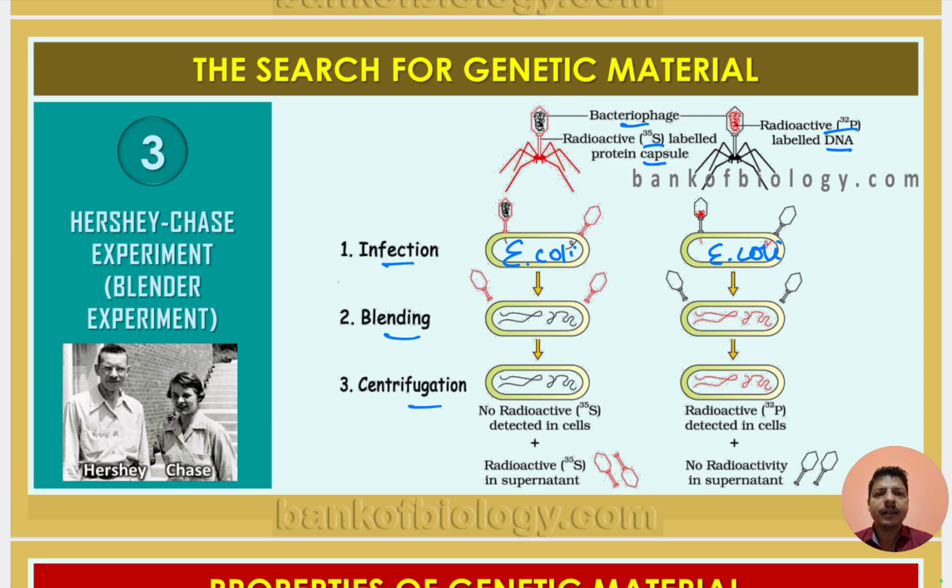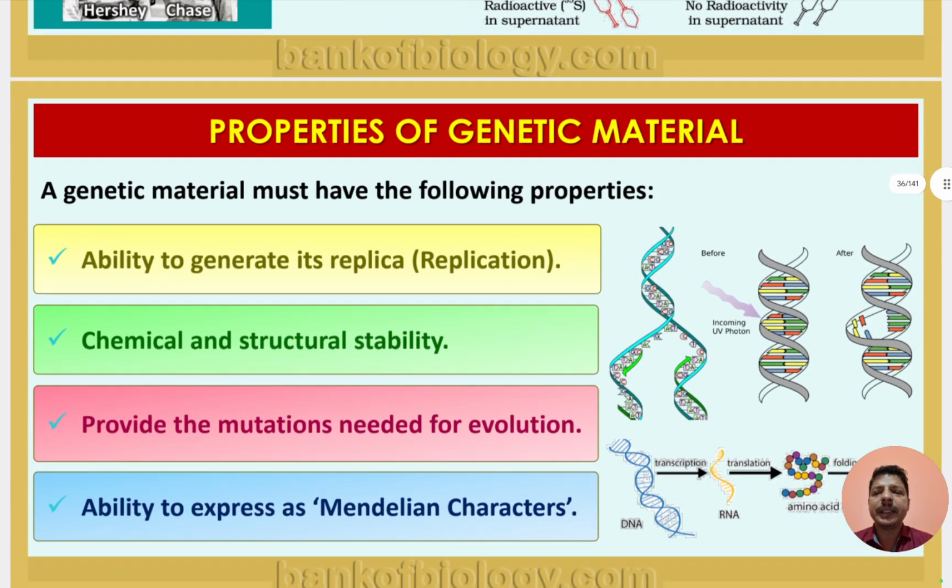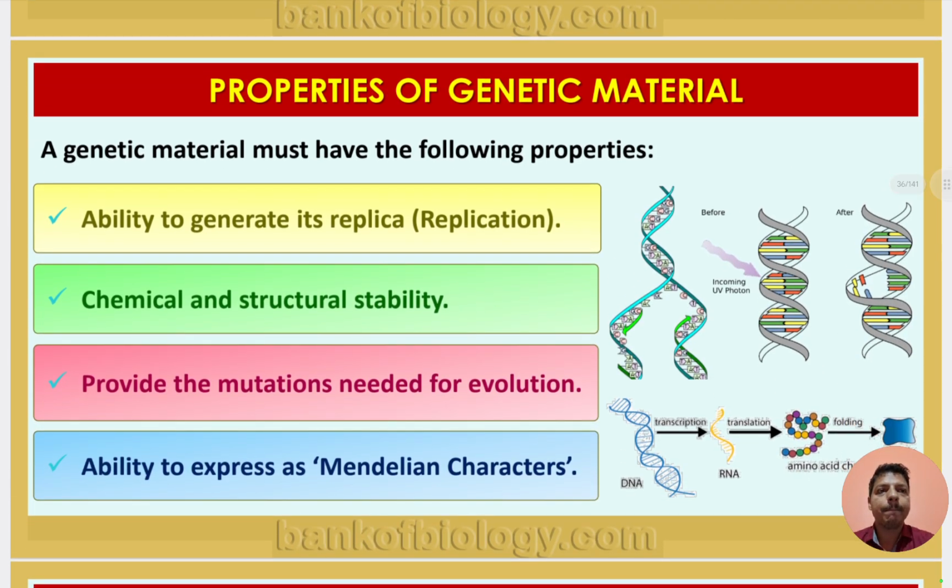In the first one, they found no radioactive S35 in the cell, but radioactive S35 in the supernatant. In the other, radioactive P32 was detected in the cell, with no radioactivity in the supernatant. This proves that DNA is the genetic material, not the protein.